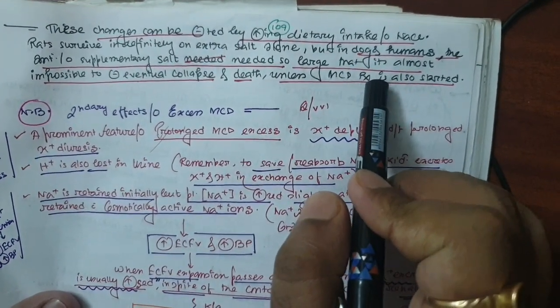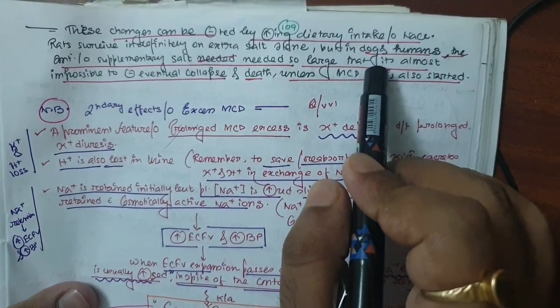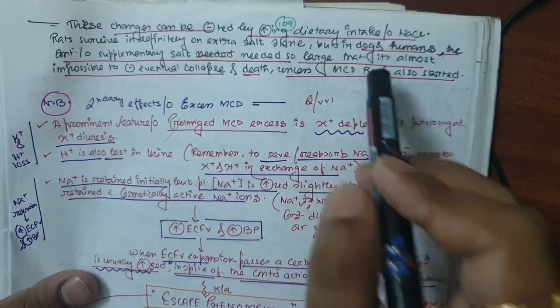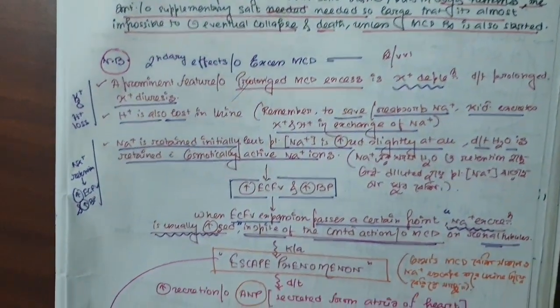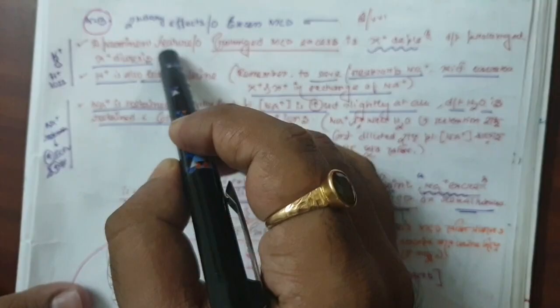They will die due to the absence of mineralocorticoid and loss of sodium from the extracellular fluid volume, and they will collapse.